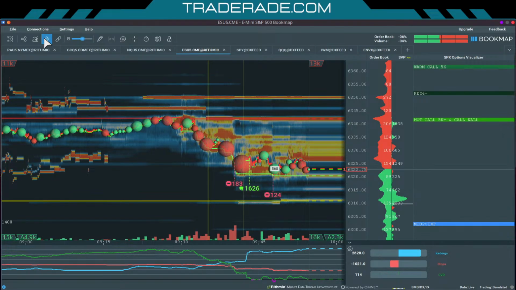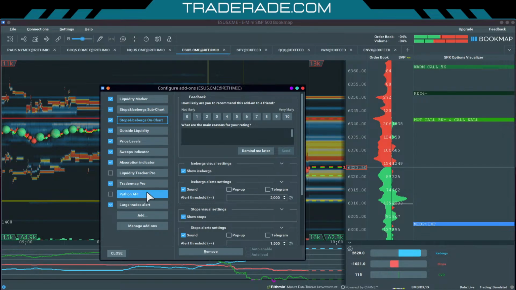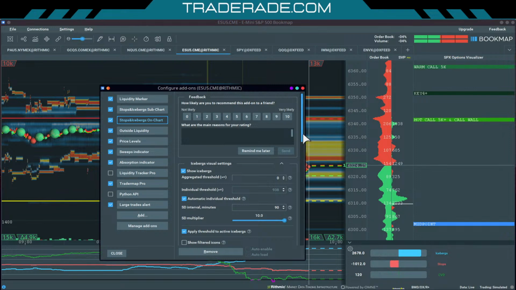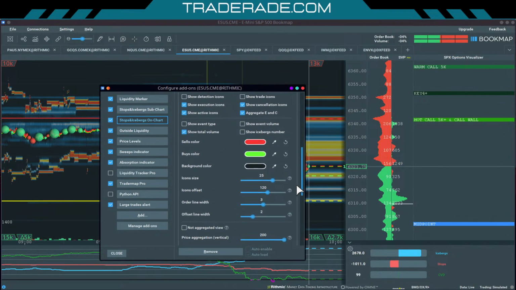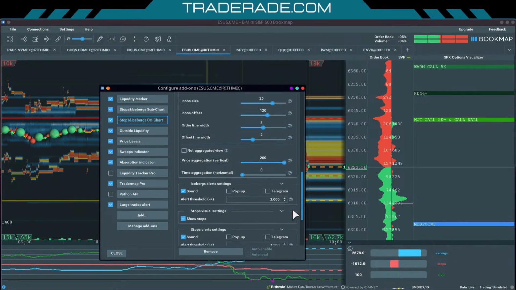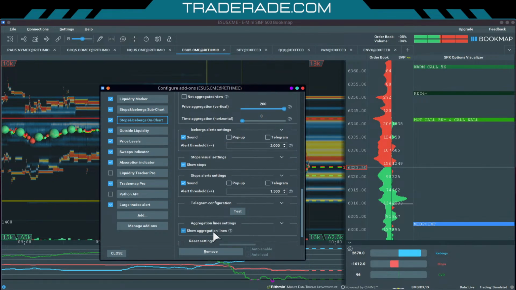And then finally, if you want to clean up those vertical lines that you see where there's an aggregation event, you can do that as well in the settings. You can take off the show aggregation lines, and that will get rid of those vertical lines that you see when there's aggregation.